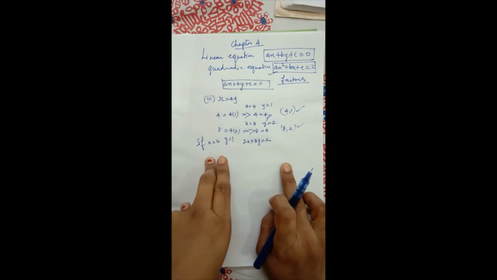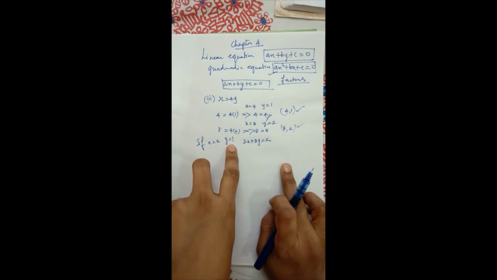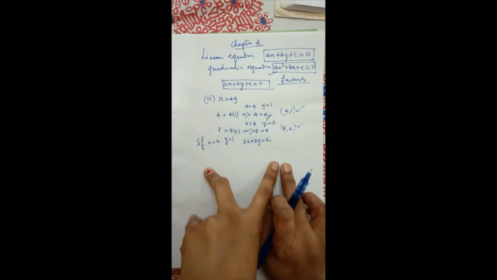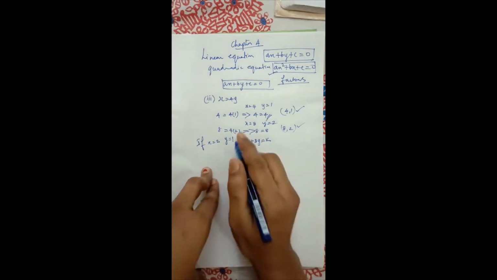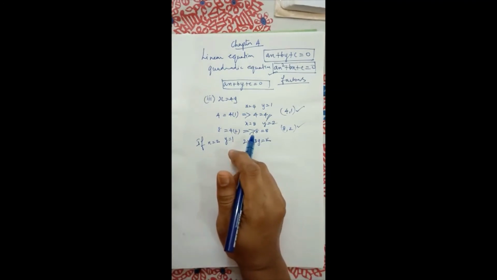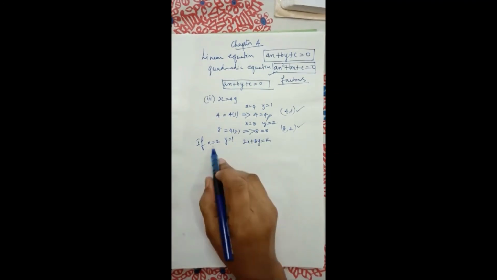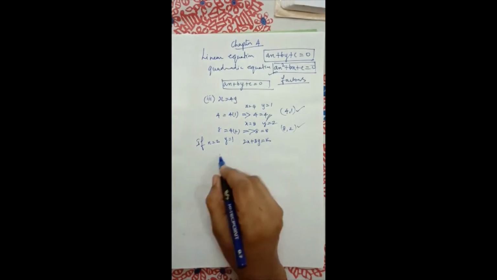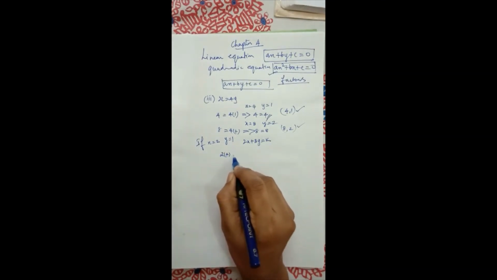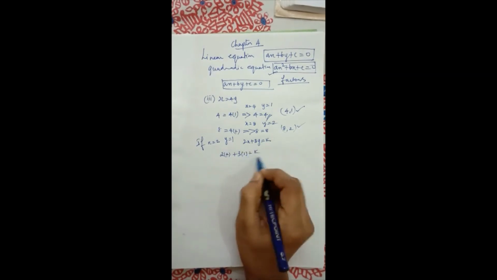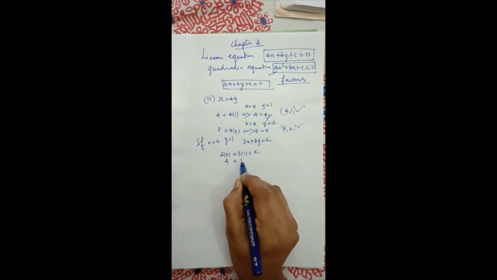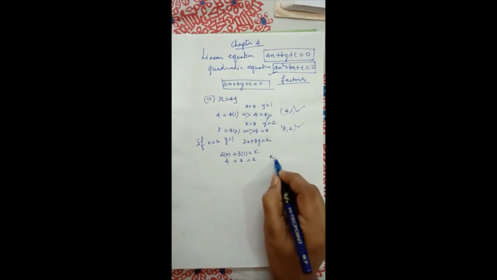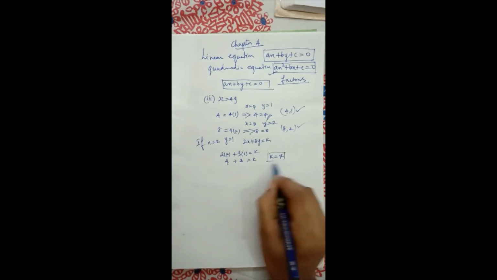Here, how can you do it? Simply put the x value and y value in this equation. So 2 times 2 plus 3 times 1, that is equal to k. So 2 twos are 4 plus 3 ones are 3, that is equal to k. So k is equal to 7.